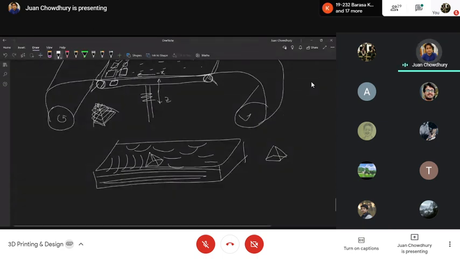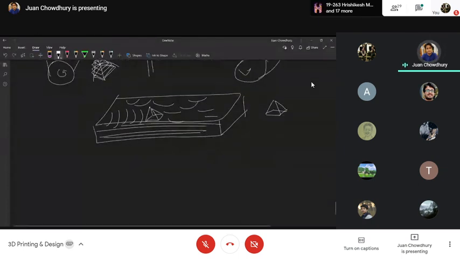Another advanced feature available in laminated object manufacturing is that composites are now being used. Because you can use different sheets of different materials, it is not mandatory that you use the same sheet material over and over again. You can use different staggered layers.